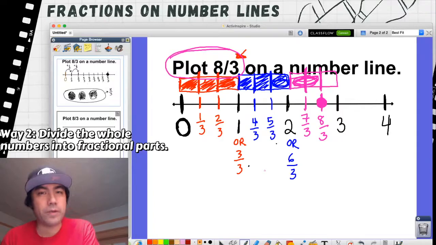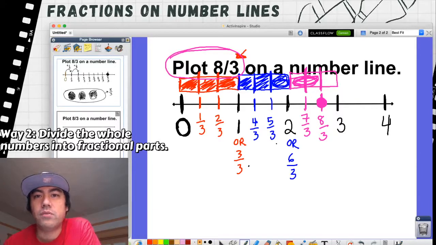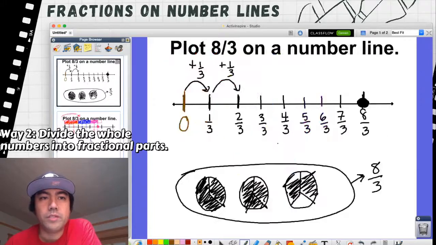This is another way to find out where 8 over 3 is. And just another way to find out where a fraction is. Okay? So we did this problem, the same problem, in 2 different ways. We needed to figure out where 8 over 3 was, or 8 thirds. And so one way we did it was counting by thirds and starting from 0.